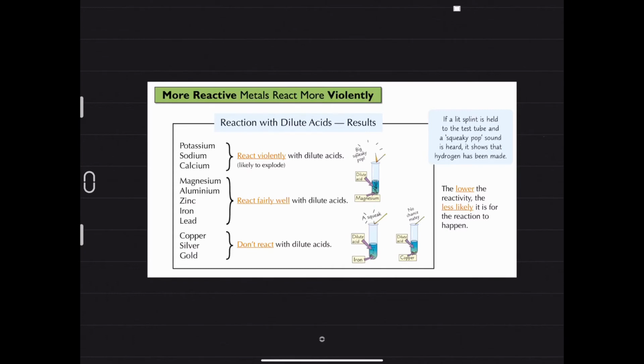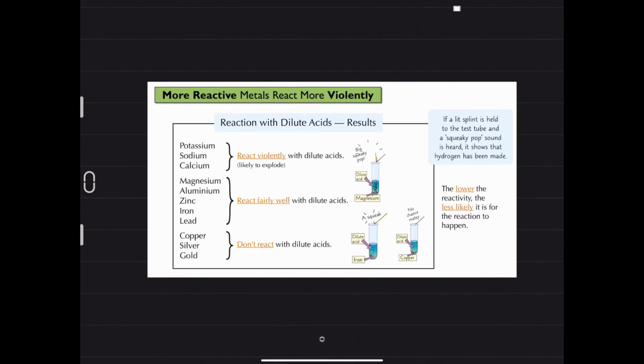There have been exam questions which ask for reasoning as to why potassium and sodium are not reacted with dilute acids, and you have to be able to explain that these metals, the alkali metals, are very reactive, and they react violently with dilute acids. So that's why generally they are not used in metal acid reactions.